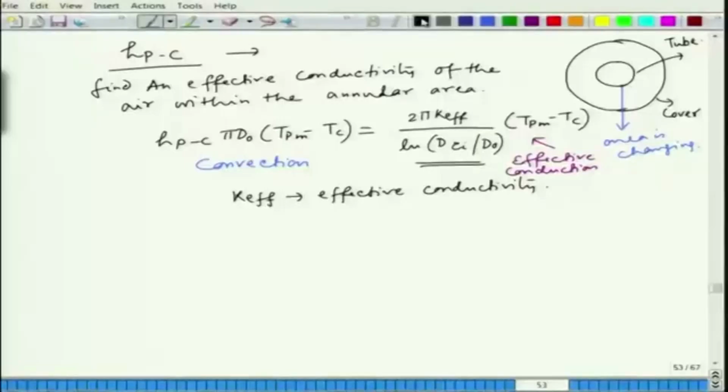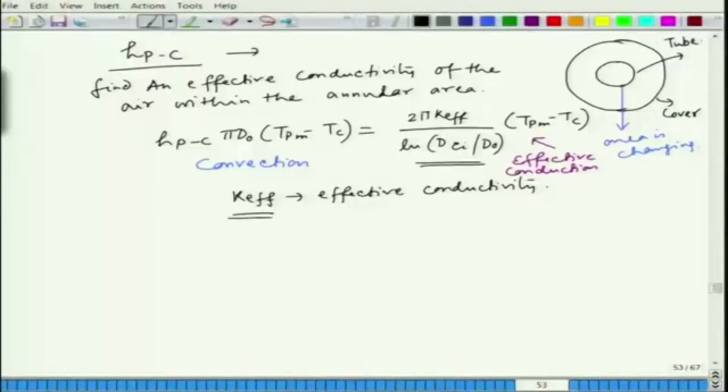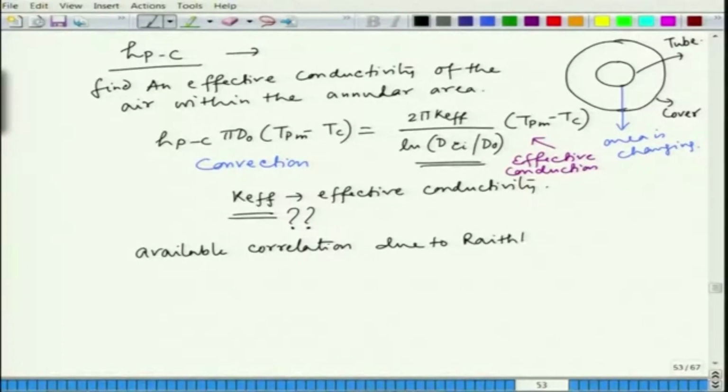Okay. Now, the onus comes on us to find out what is the effective conductivity, right, and for that we have to use some standard correlation which has been derived and obtained by rigorous experiment. So, how to find this effective conductivity? Okay. So, the available correlation is due to Raithby and Hollands.